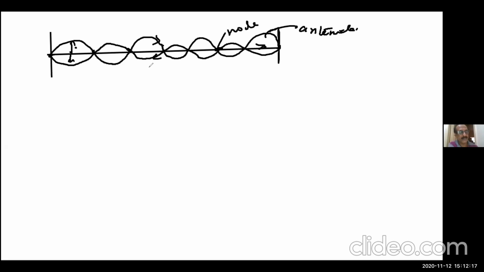So after they form, waves in the opposite direction are superimposed. A new set of waves are formed in which energy is not transferred. These waves are known as standing waves.